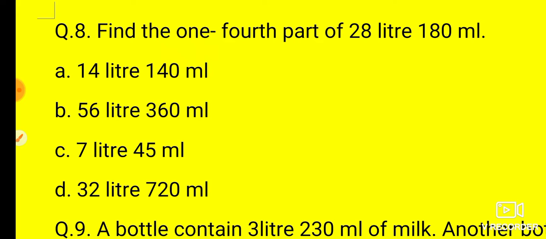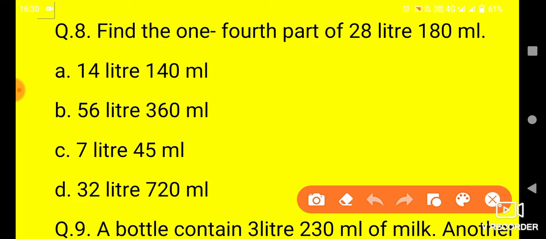What is written in the question? Let's read. Find the 1/4 part of 28 liter 180 milliliter. It means we have to find out the 1/4 part of 28 liter and 180 milliliter.